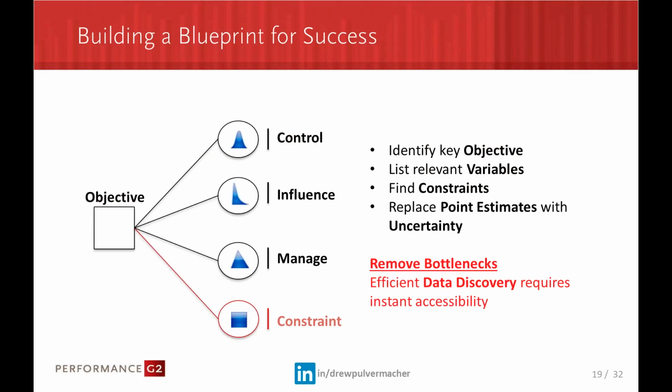Because if I want to solve this objective, and it takes me 3 days to get information, right there is an issue inside the company. When you start going down this road of predictive analytics, you're going to have more questions pop up that you're going to have answers for. If it takes 3 days to get information back, that's going to slow down the decision-making process. You want to make sure that getting that information is very, very quick.